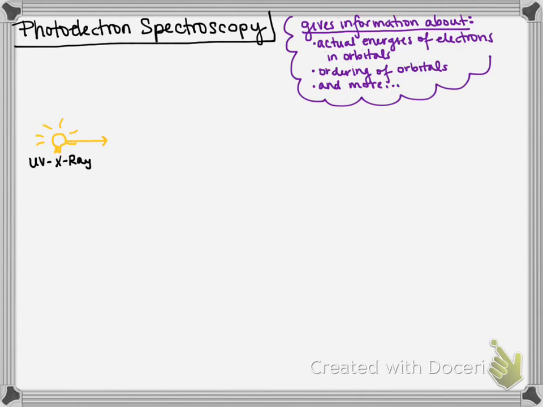So the higher energy or the deeper into an atom or a molecule an orbital is, the more energy you're going to have to put in to ionize such an electron. So photoelectron spectroscopy is going to be based on the ionization of electrons. So we have to put in enough energy from the light to ionize the electron that we want to measure. So we're going to start with high energy, either ultraviolet or X-ray light.